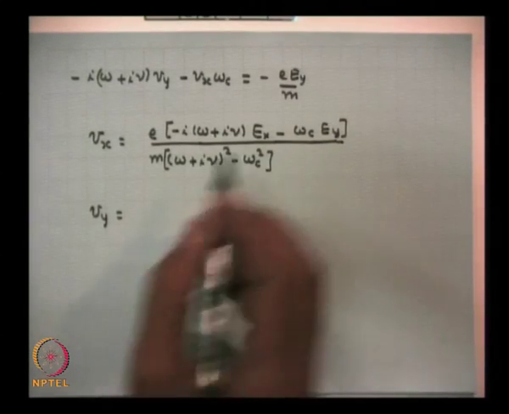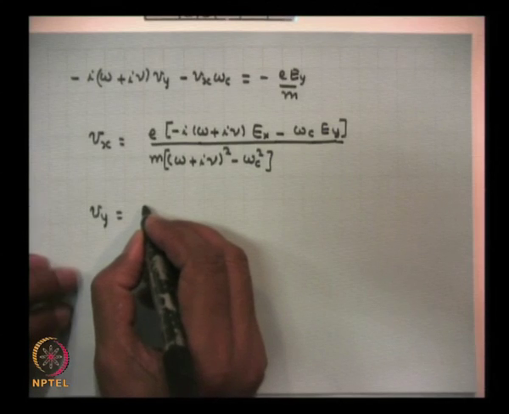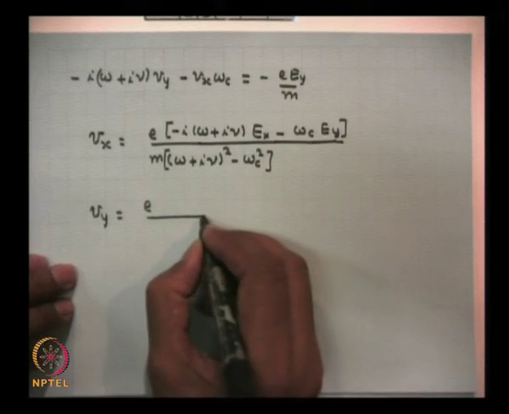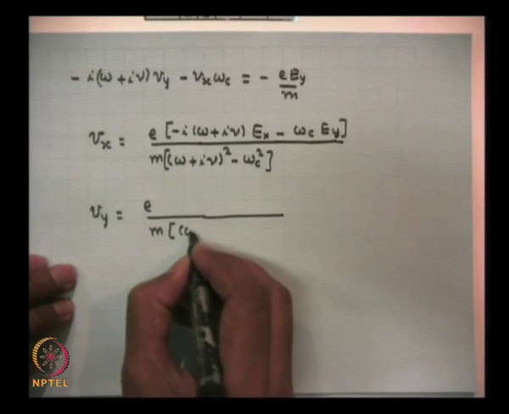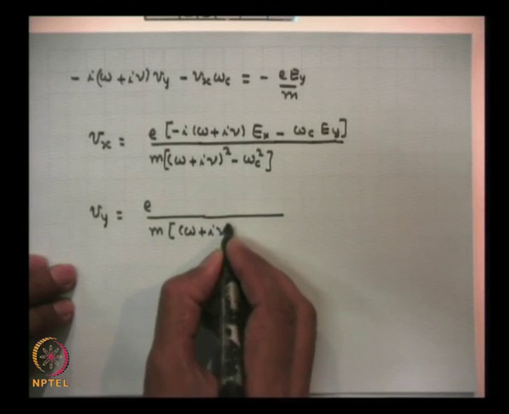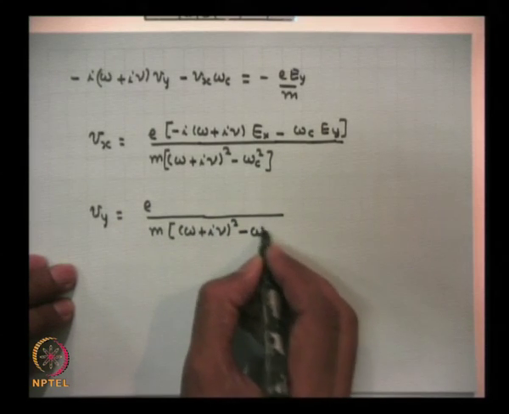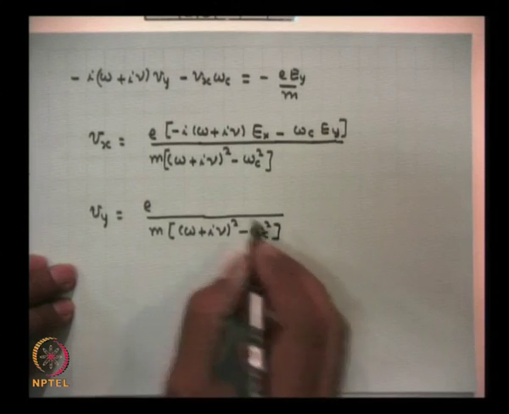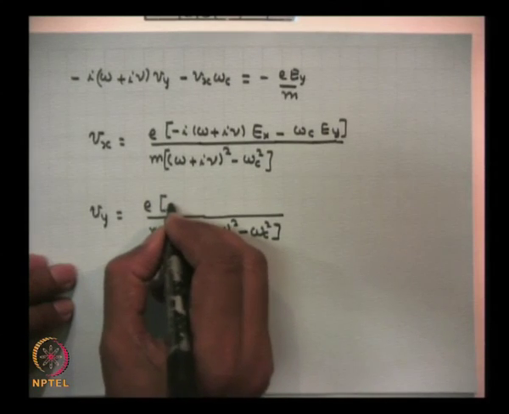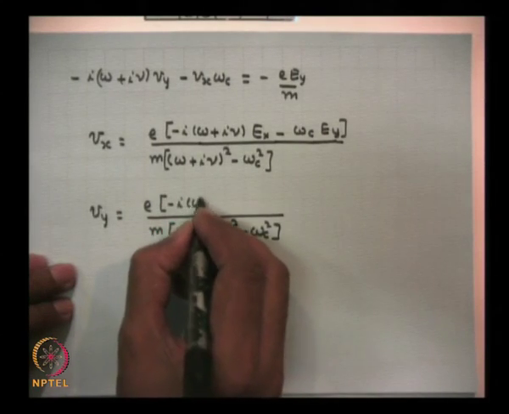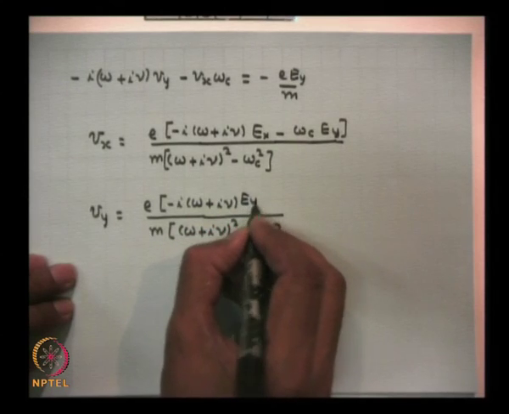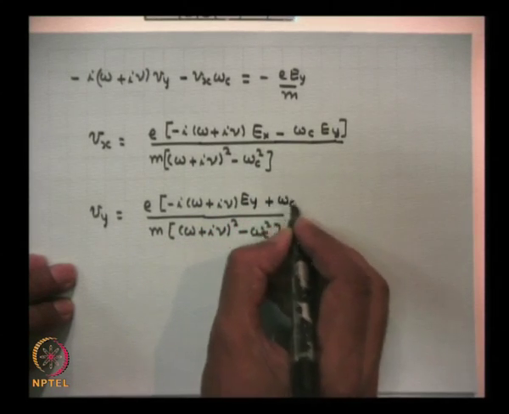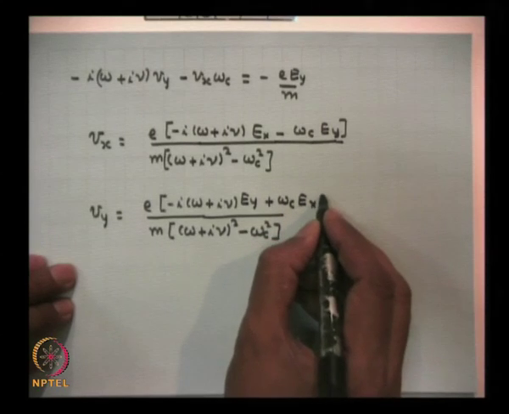This is the expression for Vx, and Vy is a similar expression: E upon m, over (omega plus I nu) whole square minus omega c square, into minus I (omega plus I nu) into Ey plus omega c Ex.